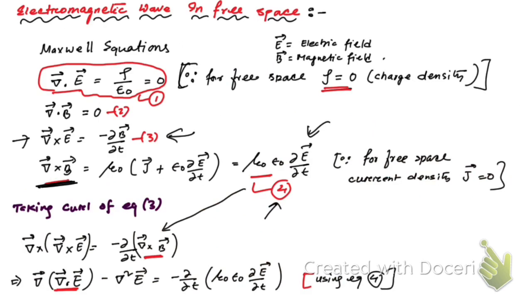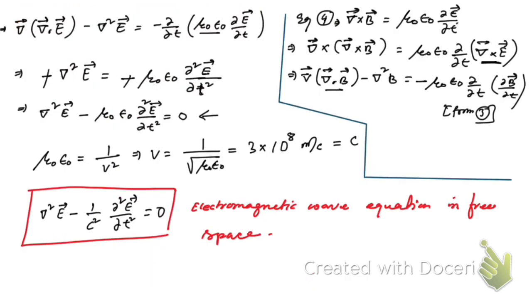Here you see in this slide, in the equation number 2, you have got that del dot B is 0, so we can replace this by 0. So that's why this equation becomes minus del square B minus mu naught epsilon naught second order partial derivative of B with respect to T. That's what we're going to have, right?